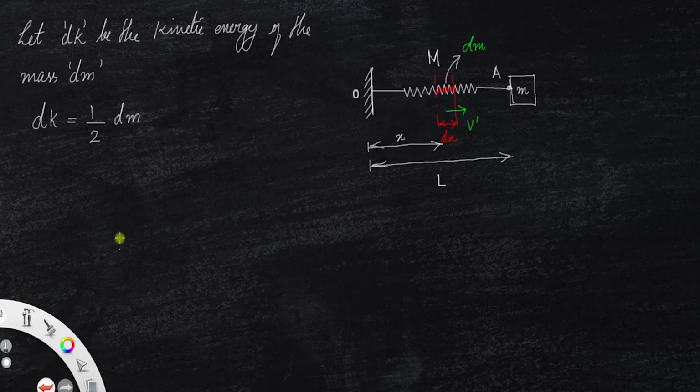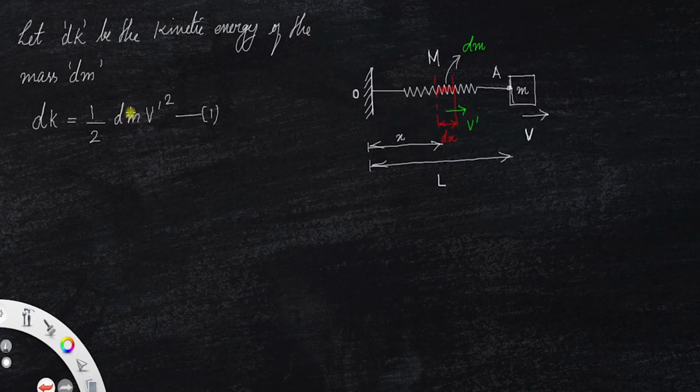So we can write half into mass into velocity squared, v dash squared. Let's call that equation number 1. We know the kinetic energy is equal to half mass into velocity squared. Clear? Now let's take the velocity of the end mass to be v at any instant.